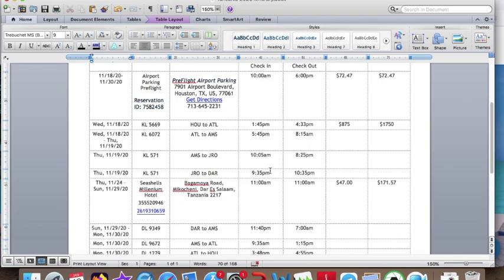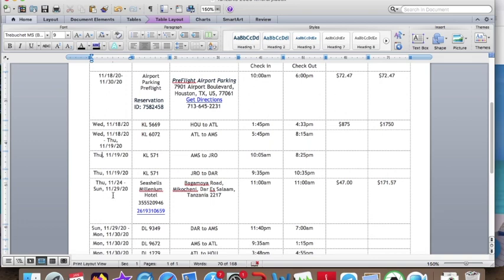So trust me, you would much rather pay the $25 or $30 it's going to cost you to go from Dar to Kilimanjaro or Arusha than have to buy a ticket to get yourself back home. So, that being stated, I'm going to go on down.